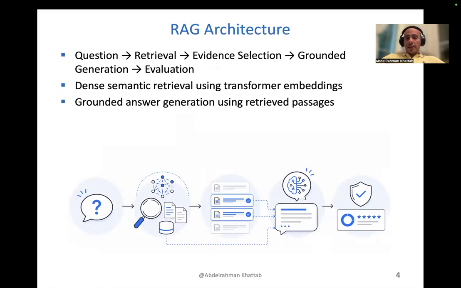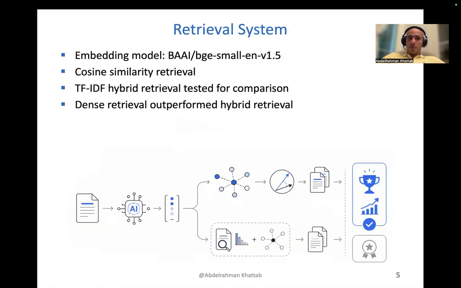The architecture is very simple: question, retrieval, evidence selection, grounded generation, and then evaluation. I use dense semantic retrieval using transformer embeddings, which is BGE, and grounded answer generation using retrieved passages. Like I said, the embedding model is BGE.